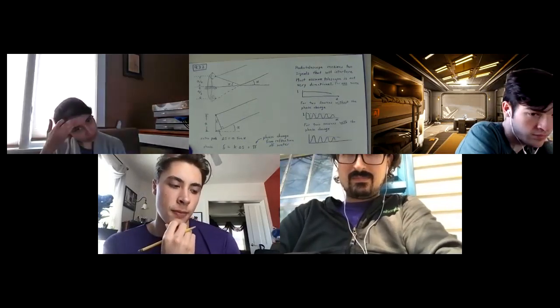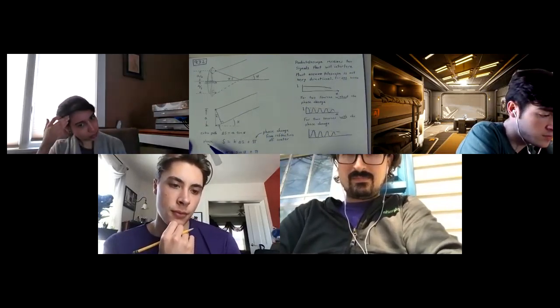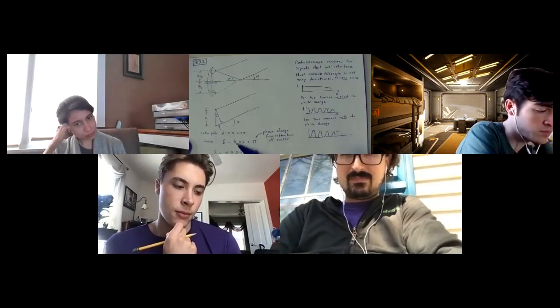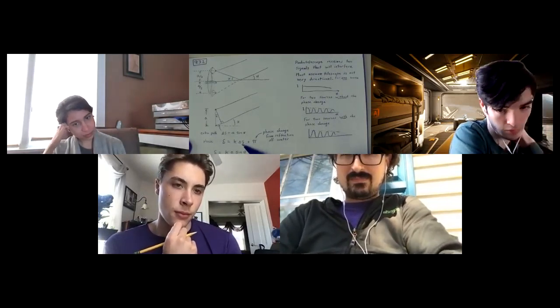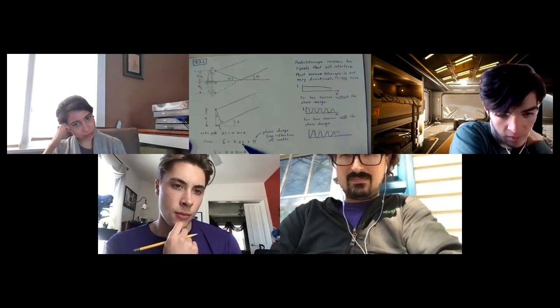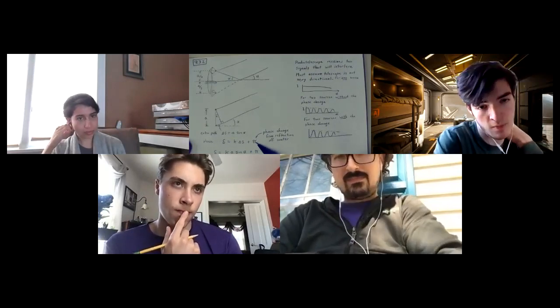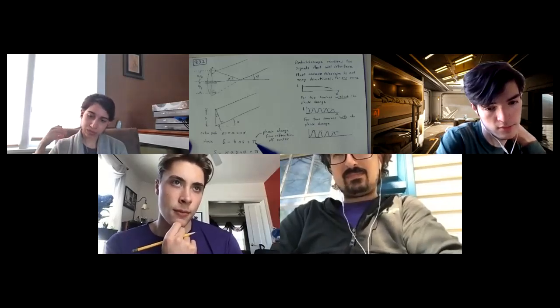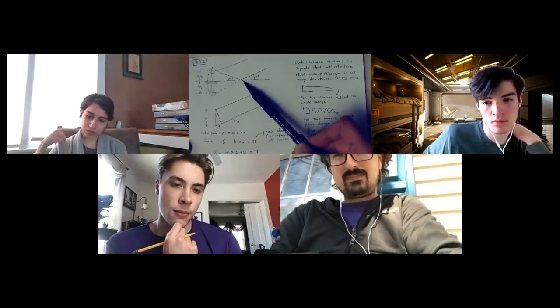So if that's the extra path length, then the phase difference is just k times that path length. And then I added pi. That's because there's a phase change when you reflect off the water.